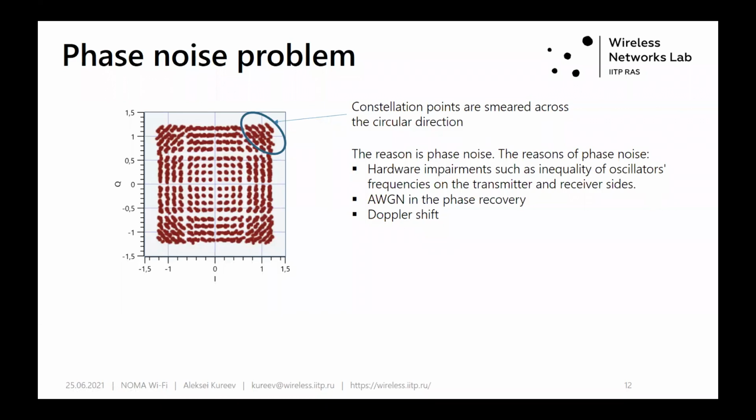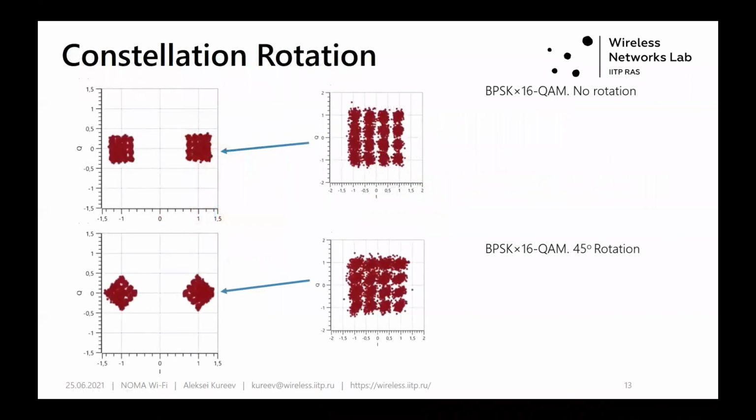And Doppler shift is another problem, because if the transmitter or receiver moves in space, there is a Doppler shift in frequency between transmitter and receiver, and it can also cause phase noise.